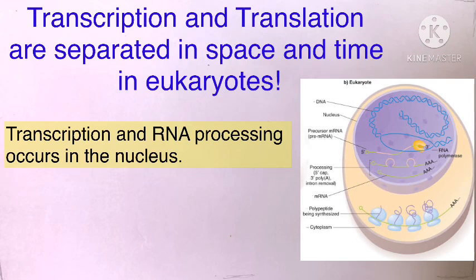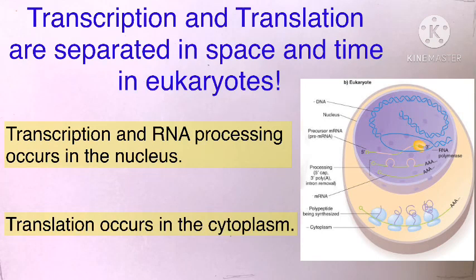As a consequence, pre-mRNA is subsequently processed into a mature mRNA by removing the introns. After RNA processing, a mature mRNA is then exported out of the nucleus into the cytoplasm for translation.